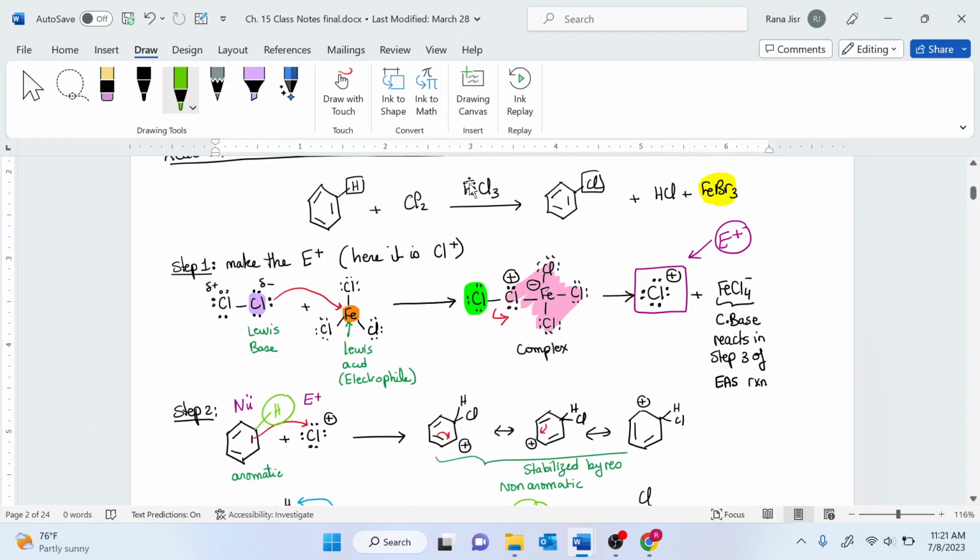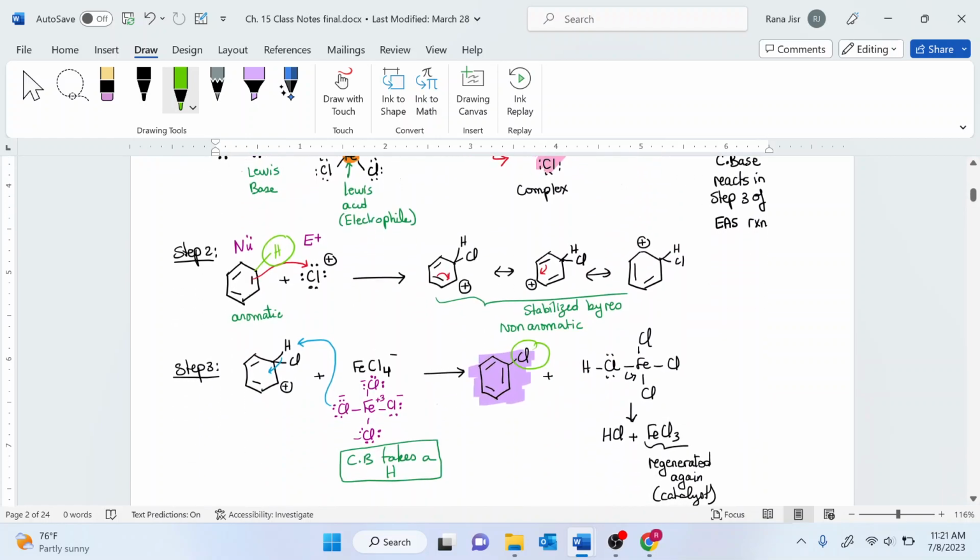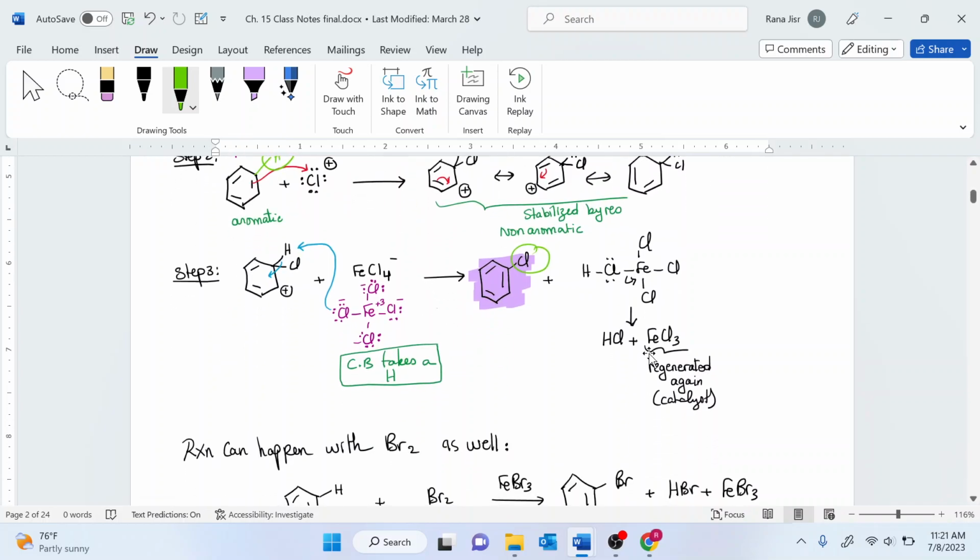Now that Lewis acid is considered to be a catalyst. So at the end, you will generate that Lewis acid back. Once you create that complex in there, the FeCl3 will be a leaving group and you're going to get HCl and FeCl3. This is the definition of a catalyst. The catalyst speeds up the reaction and at the end, you will generate it back.